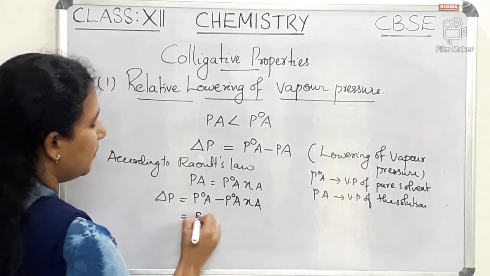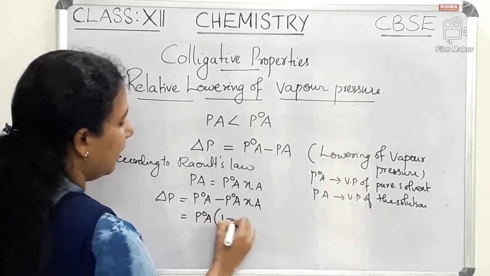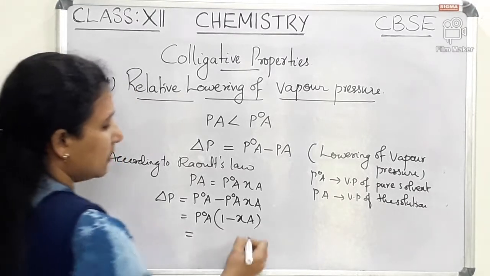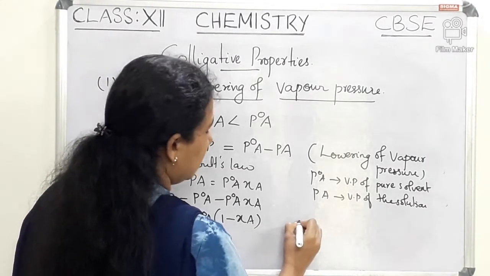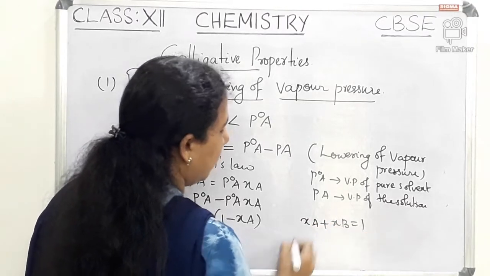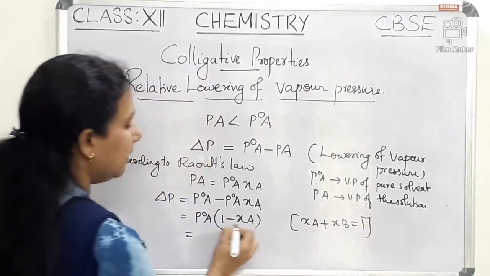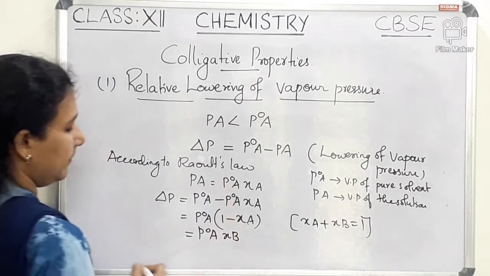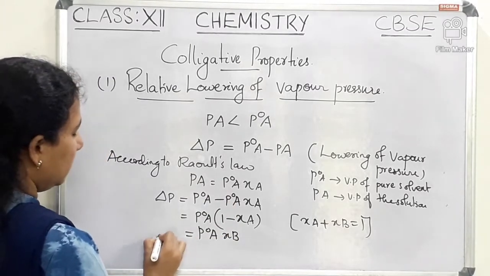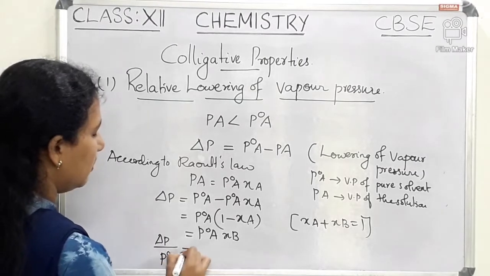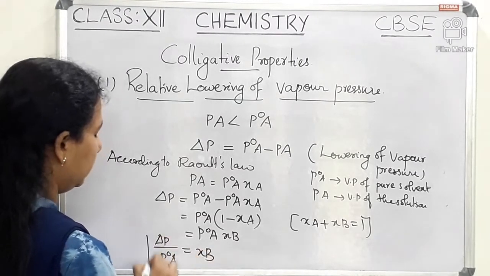That is equal to P0A into 1 minus XA. Since XA plus XB is equal to 1, 1 minus XA is equal to XB. Then delta P by P0A is equal to XB.